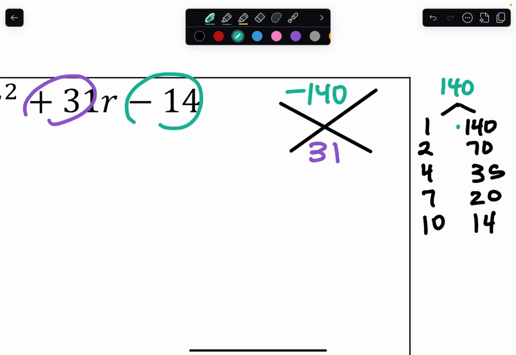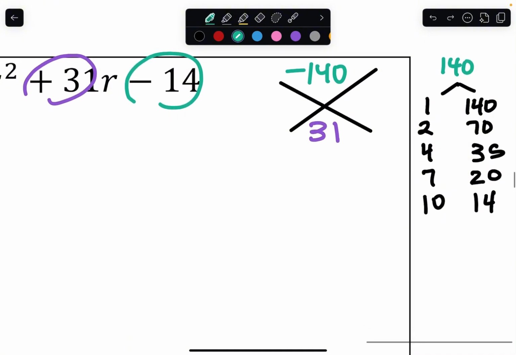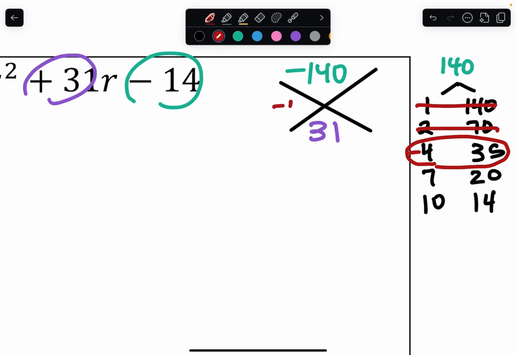So one of these numbers will have to be negative, either the left side or the right side. And so we're looking for two numbers that subtract to give us 31. And so of course 1 and 140 won't work, 2 and 70 won't work, but 35 and 4 will work if the 4 is negative.